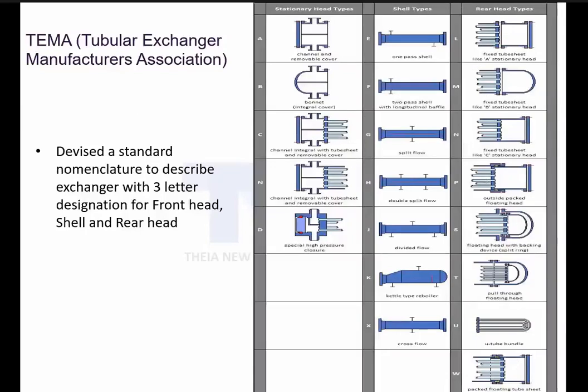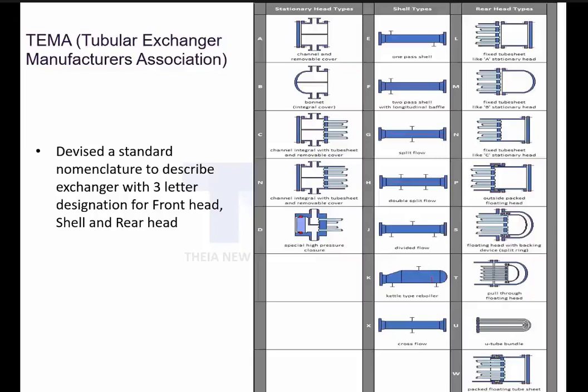Please listen. As I said, the first point is fixed tube exchangers. In a heat exchanger, when you see the last letter as L, M, N, it is called fixed tube.